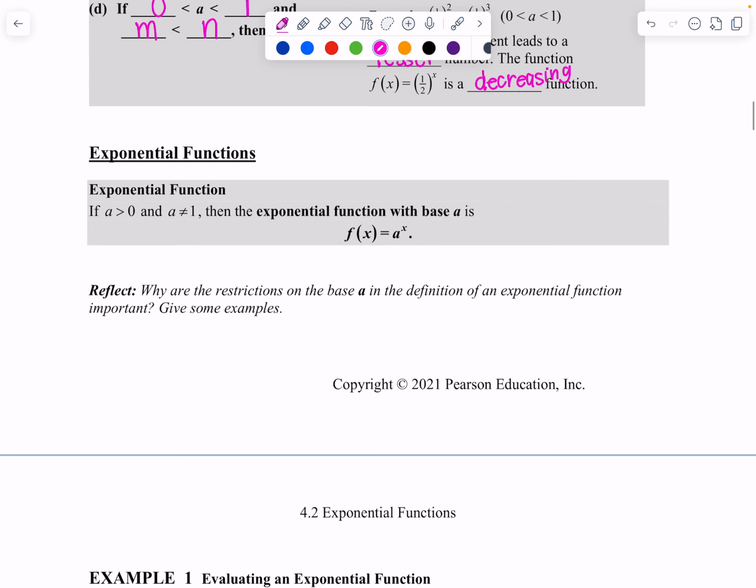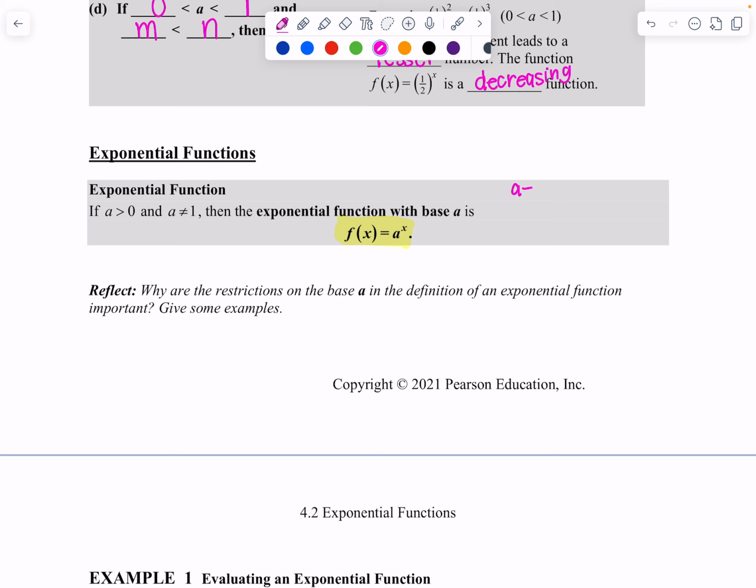Look what we have here. This is the form of an exponential function. A is our base, x is our exponent.